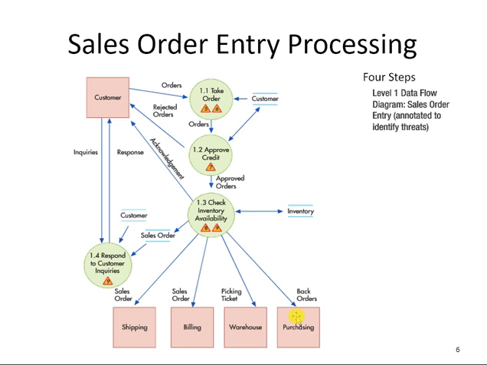And if inventory is available, we're going to complete the sale process, which is to send the picking ticket to the warehouse and sales orders to shipping and billing, and also update the sales order database. It's a complete sales order, and also acknowledge customers.